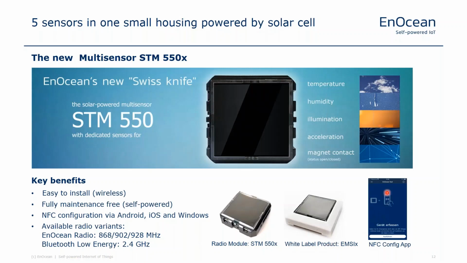There is an easy app available on mobile phones, Android, iOS, or Windows, and then you can easily configure them. And the good thing, it's available for all frequencies, 868, 902, 928 for the EnOcean radio, and a Bluetooth version is also available for 2.4 gigahertz.